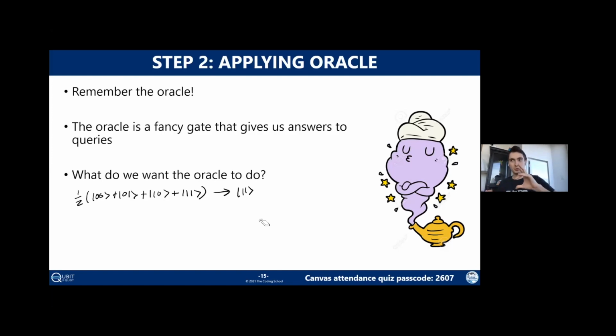Somehow we want it to mark the state that we're looking for, but it can't just turn our state into it, because then it's irreversible. The way that I like to think about this, it somehow has to maintain the structure of our input so that it stays reversible while marking the target in some way that we can later extract.